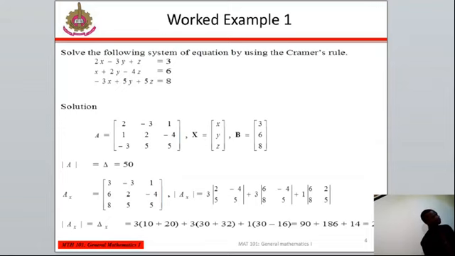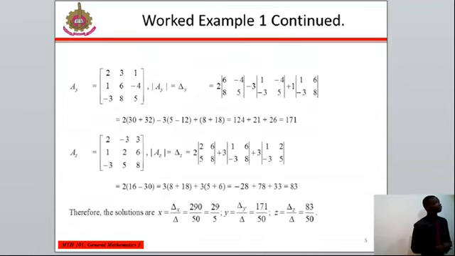If you follow the same rule, we obtain our determinant for matrix A, which we got 50, and we replace the first column of the matrix A with vector B, which has 3, 6, 8 in the first column, as you can see from matrix AX, to obtain our determinant for the first, the second determinant. And we follow the same procedure to obtain that of AY and AZ.